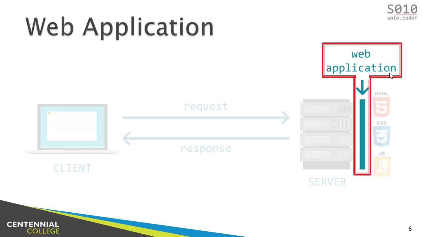Now, I'm going to expand that web application piece so you can see inside of it the different components. So in the next slides, I will blow up web application, and you're gonna see the details of that part alone.